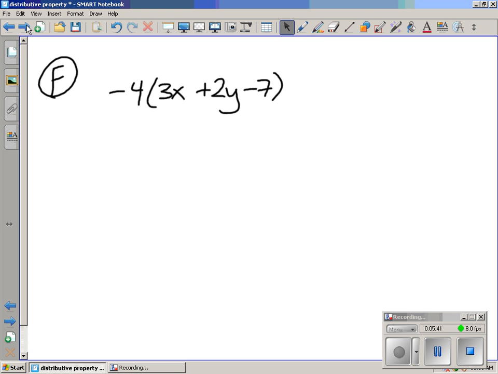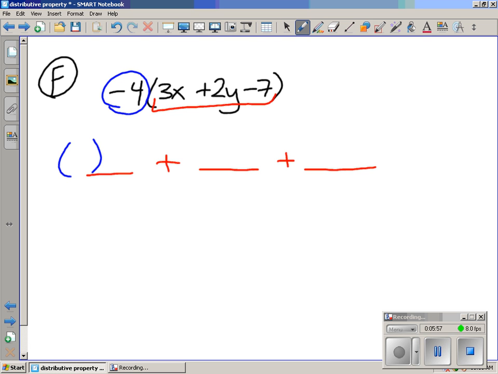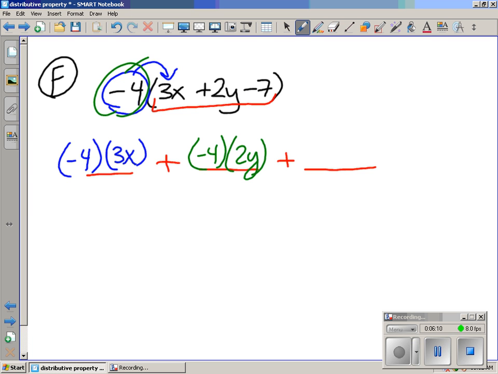Letter F. Now you'll see we have 3 pieces inside of the set of parentheses, so I'm going to go ahead and draw 1, 2, 3 blanks. In the first set of parentheses, I'm going to multiply negative 4 by the first term, 3x. In the second, I'm going to take the negative 4 and multiply it by the positive 2y.